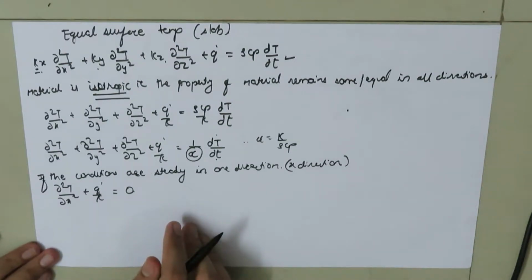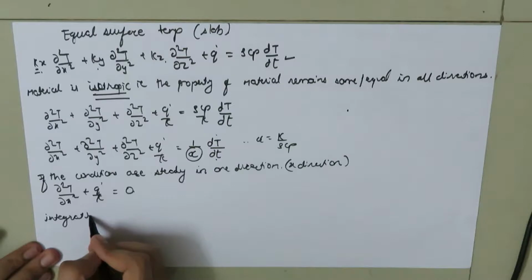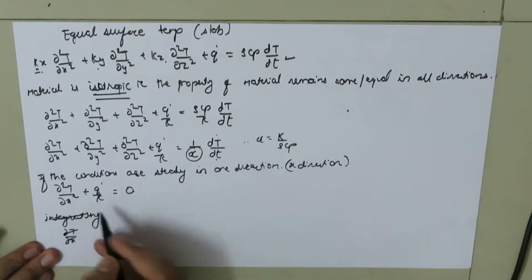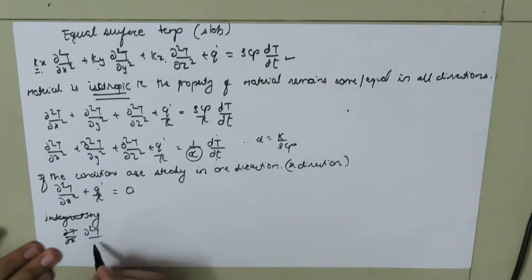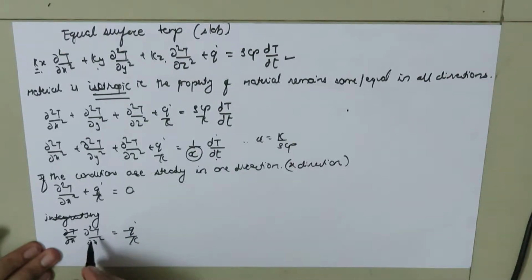And now what we need to do is integrate this equation. First we'll rearrange this equation: ∂²T/∂x² is equal to negative q dot by k.